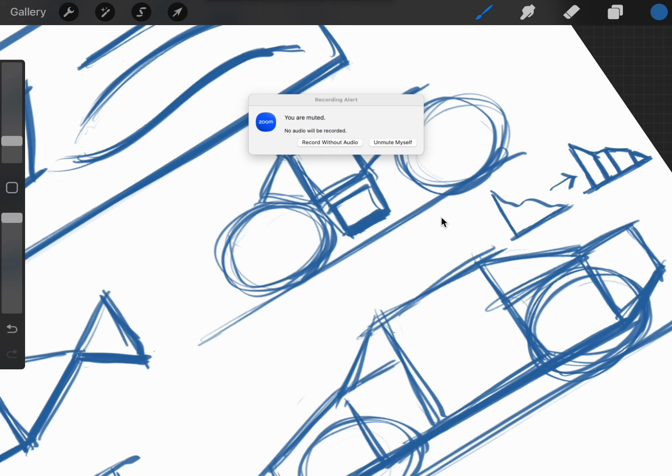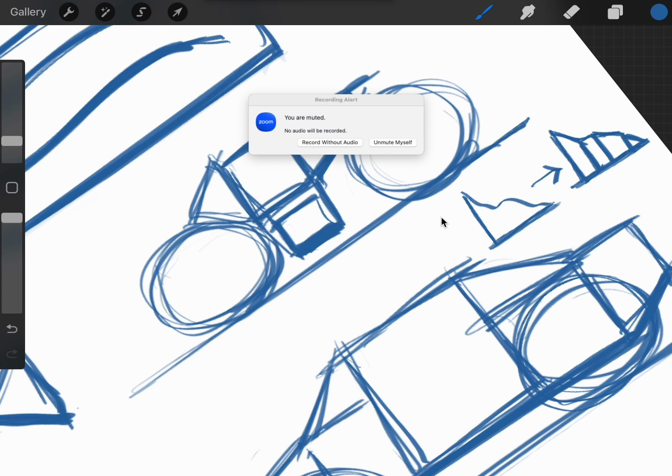Technically, your class with me is a STEAM class because we talk about science. There's science and art. Technology, well, we're using Procreate. That's tech, right? Engineering. Yes, we're doing an art class, but our approach is much more of an engineering approach.